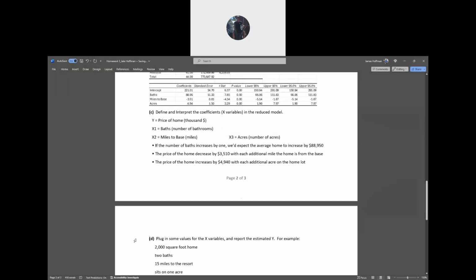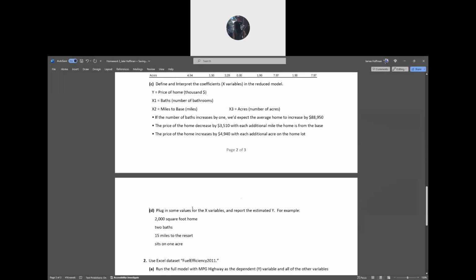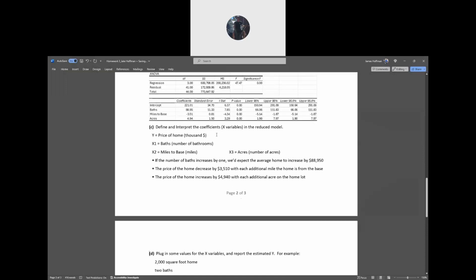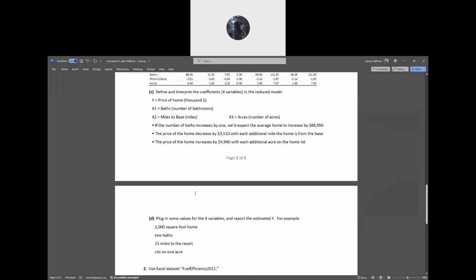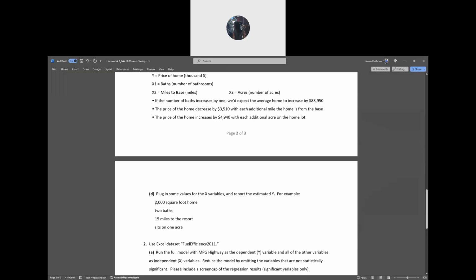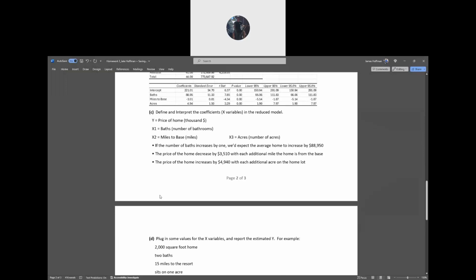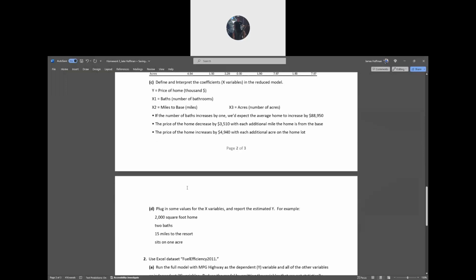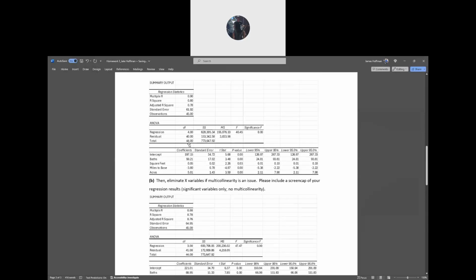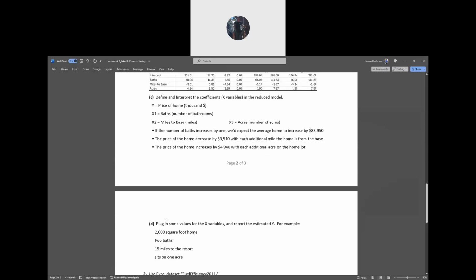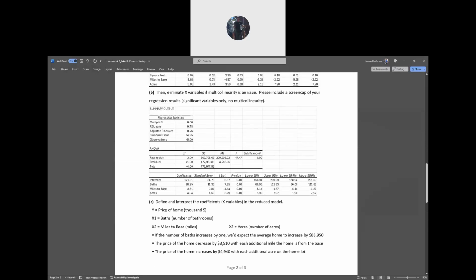Okay, then last part is you could use this model to predict what the price of the home would be if you get some parameters. Another reason you want to have a model like this is because if you say, I want a home that's 2,000 square feet with two baths, this far to the base, and sits on 1 acre, you would use this equation, plug in these values, and calculate the result of the price.